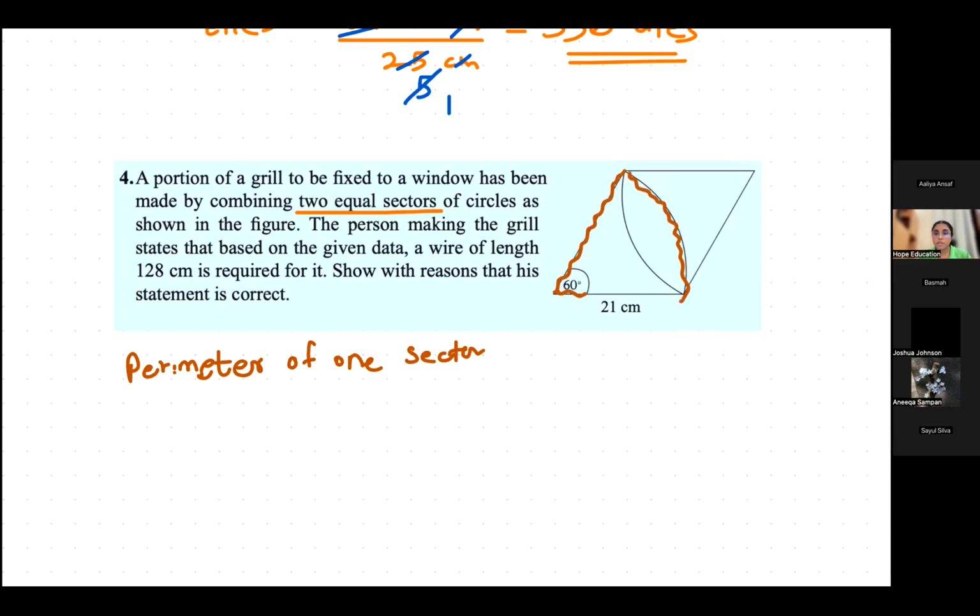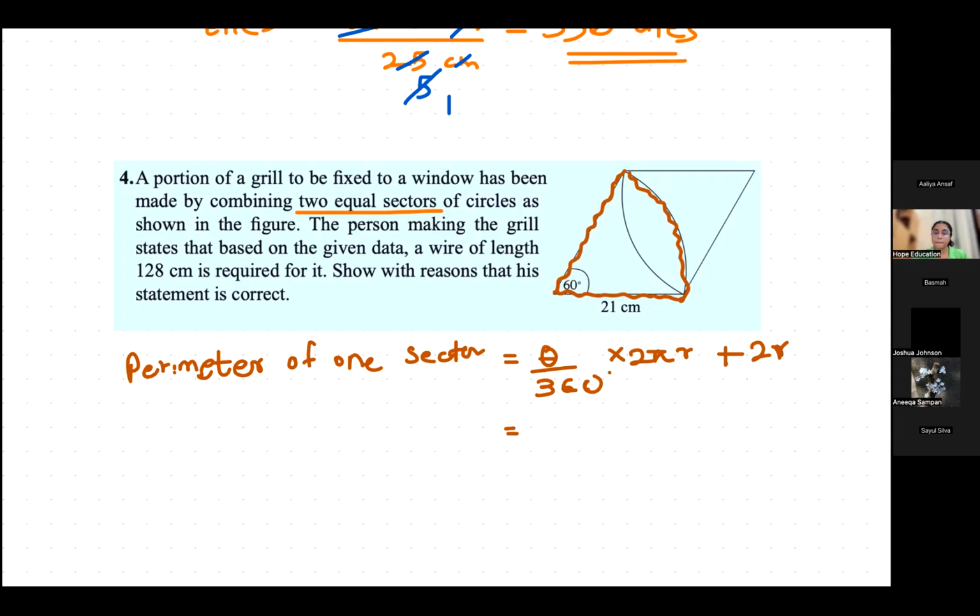You know how to get the perimeter. You know the formula: theta over 360 multiplied by 2 pi r plus 2r. What is theta in this sector? 60 degrees.